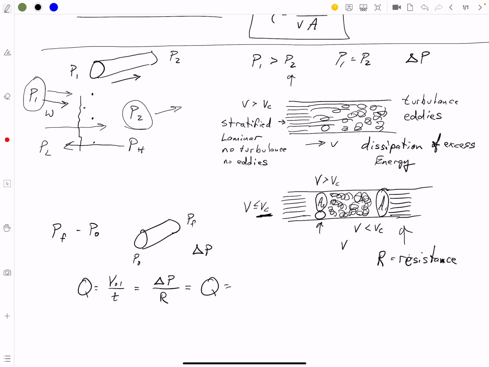So our Q is equal to P final minus P initial over some resistance for that fluid. So the higher the resistance, the lower the Q. All right? The larger the difference in pressure, the higher the Q.